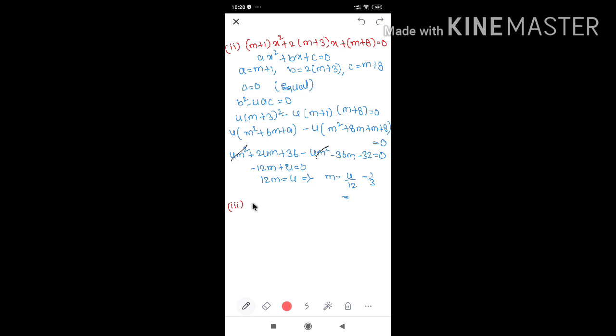This question, 2m plus 1 into x square plus 2 times of m plus 3 into x plus m plus 5 is equal to 0. This question is homework.